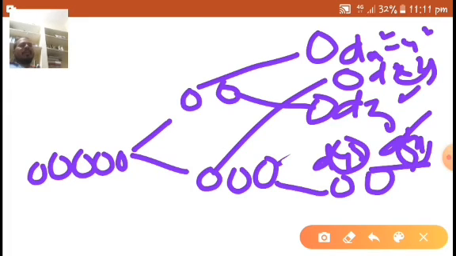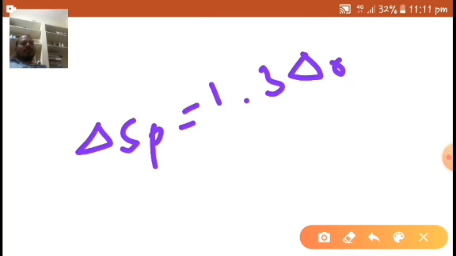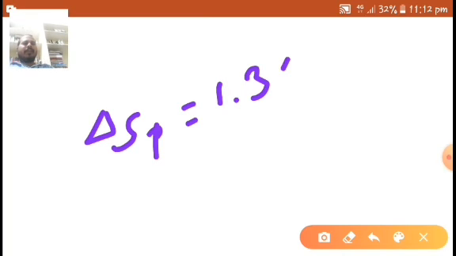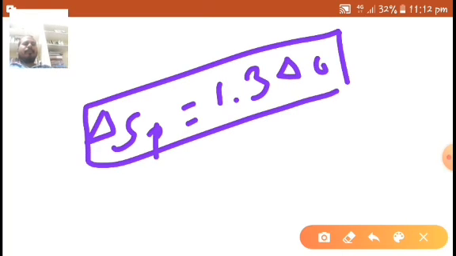This is the order. There is a relationship between splitting energy of octahedral complexes and splitting energy of square planar complexes: delta Sp is equal to 1.3 delta O. So what does it mean?